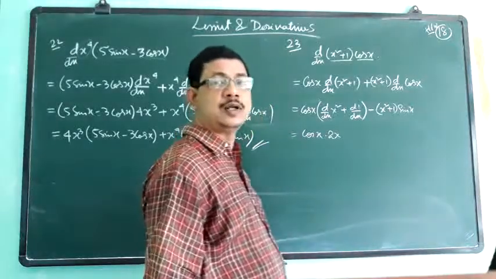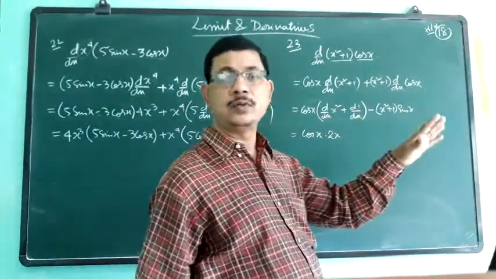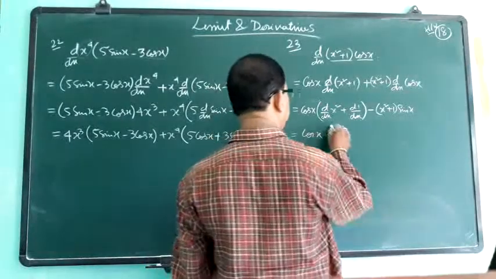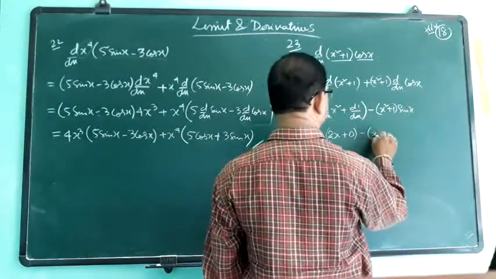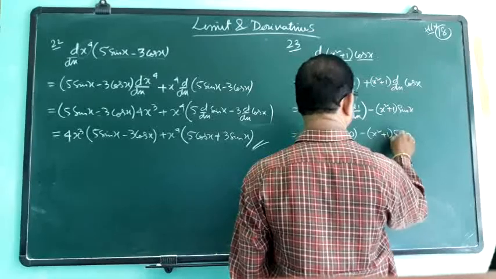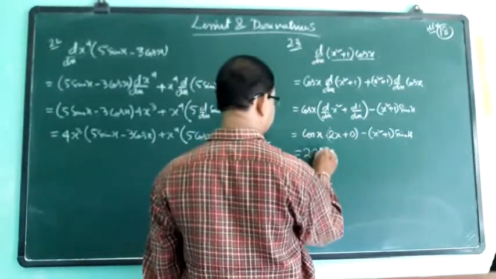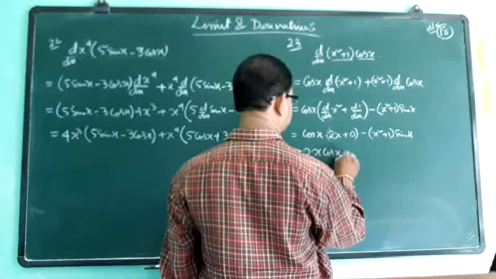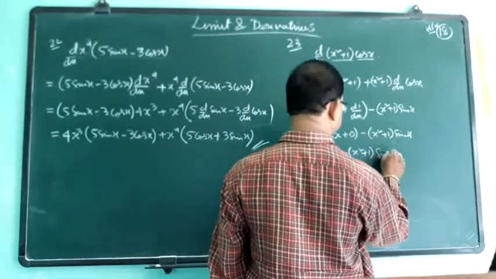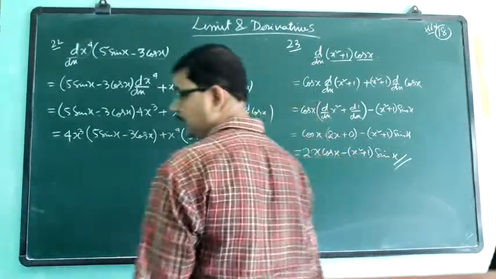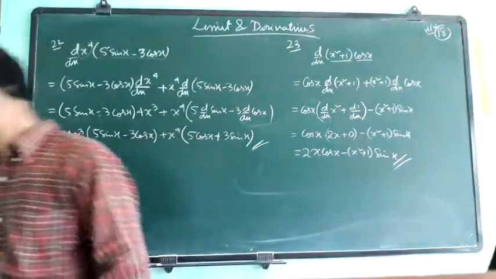Our x to the power n formula, n x to the power n minus 1, 2x to the power 2 minus 1, that is 2x, plus 0, constant differentiation, minus x square plus 1 sin x. So we get 2x cos x minus x square plus 1 sin x. So this is the answer of question number 23.